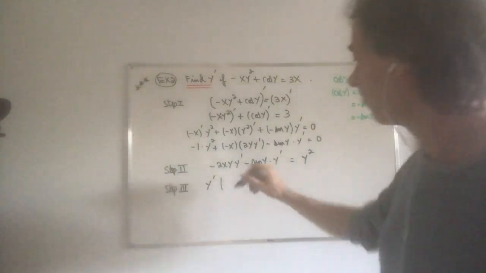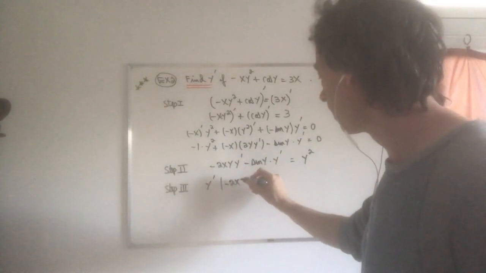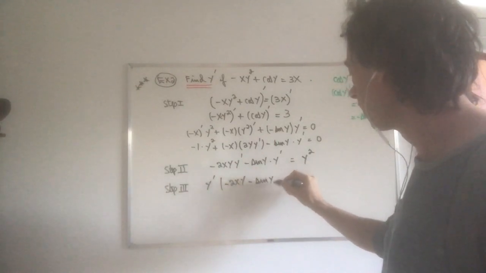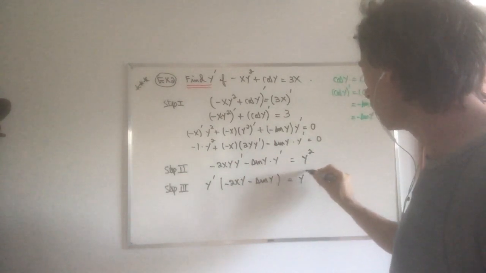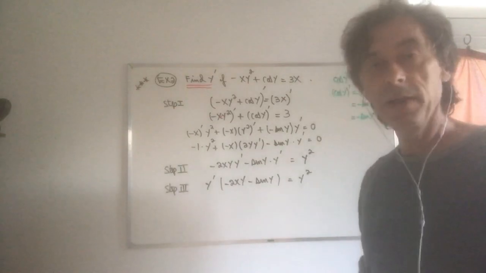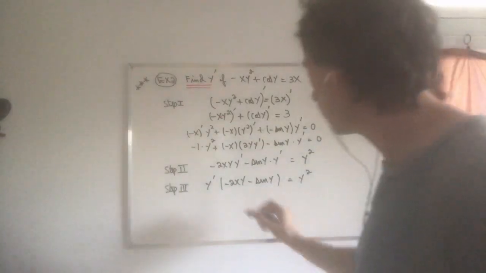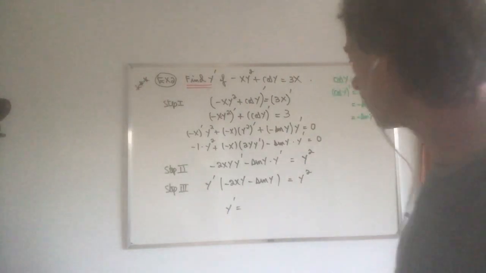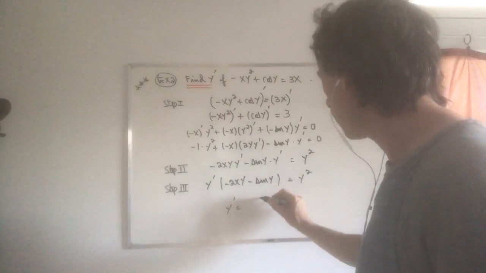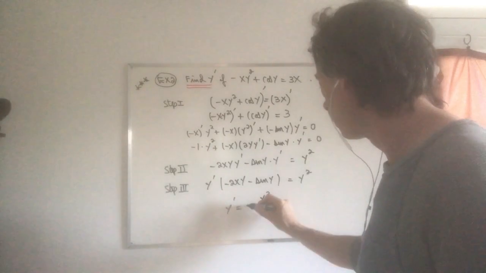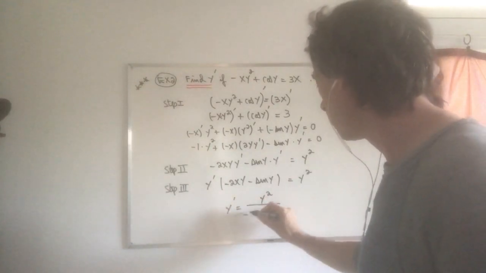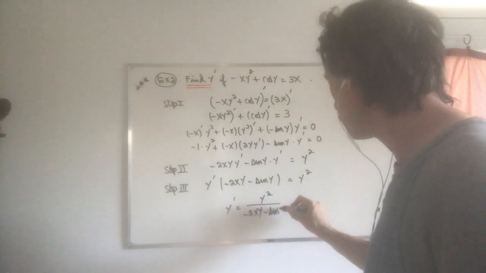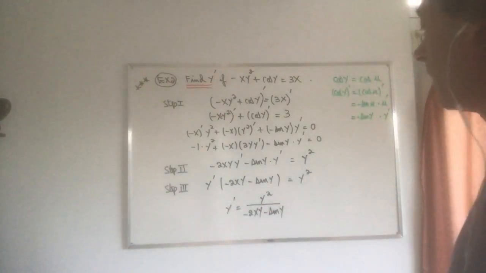Factor out the y prime and isolate it. Factor out the y prime from this guy. Factor out the y prime from that guy, and you are left with this. Finally, divide both sides by the bracket, and this is our strangely looking final answer: y squared all over minus 2xy minus sine y.